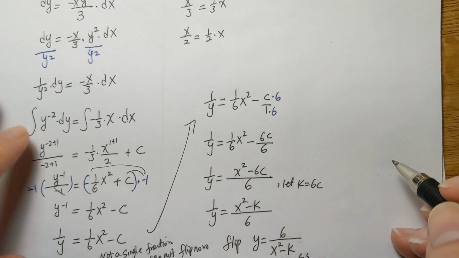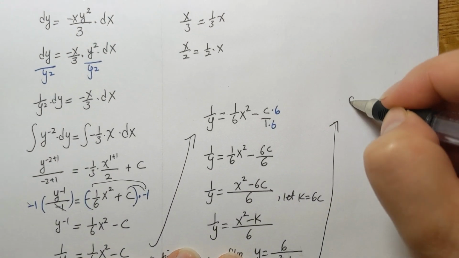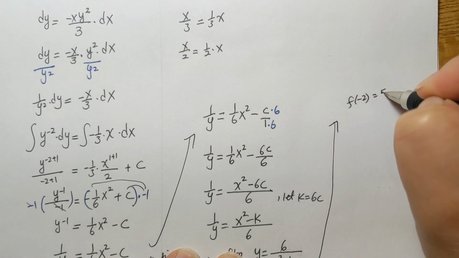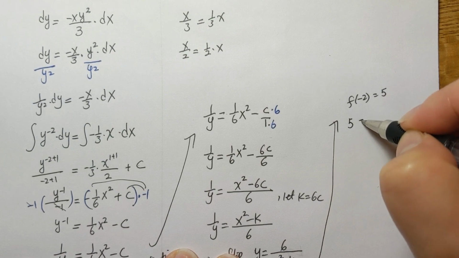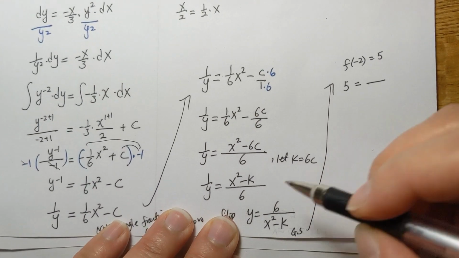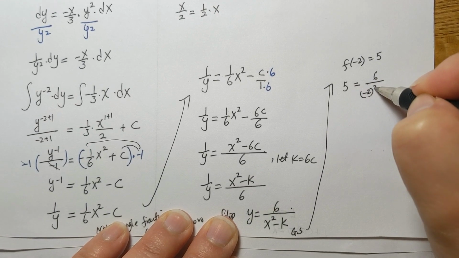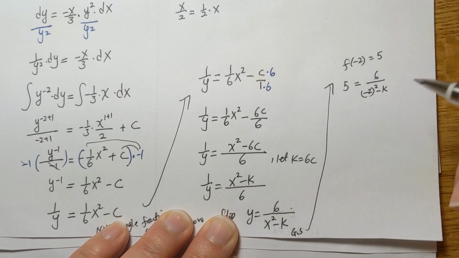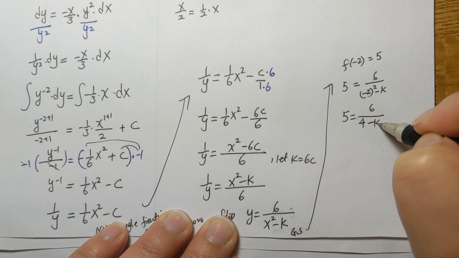So next step, we're going to find a particular solution. So we have f of -2 equal 5. So I'm going to make y equal to 6 over -2 squared minus k. So that means 5 equal to 6 over 4 minus k.